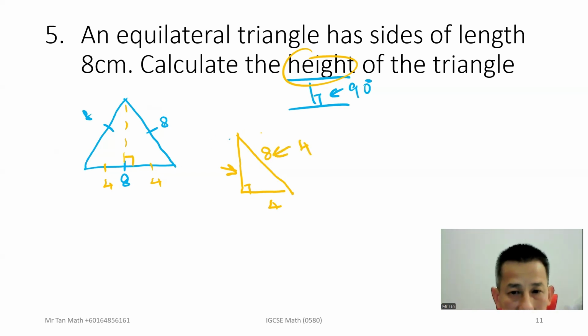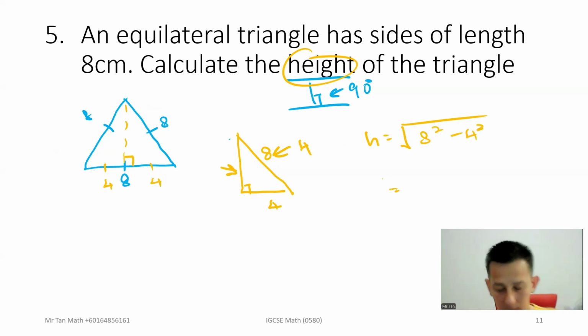Therefore, to find the height, you need to minus. So your height should equal to square root of 8 square minus 4 square. You should get 6.93.